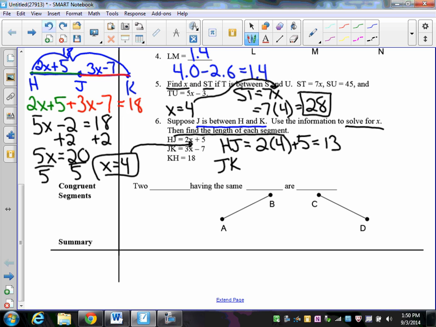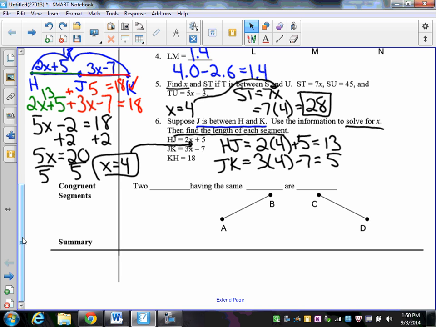And JK is going to be equal to 3 times 4 minus 7, which is 5. And I want to make sure does 13 plus 5 equal 18. So if I would plug these in, 13 plus 5, it does equal 18. So that's good. That's a little check to make sure that we did it correctly.